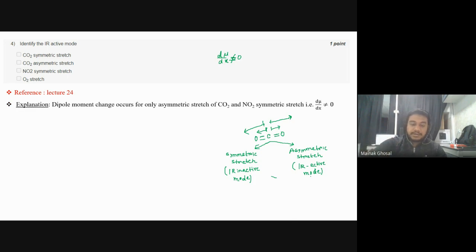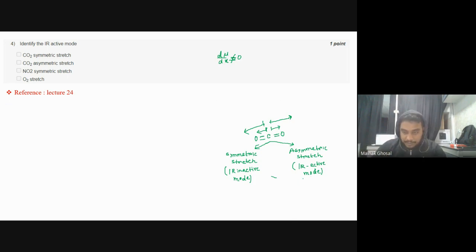Next, I am coming to another molecule, which is NO2. What should be the structure of NO2? It will be just like CO2 or something else?